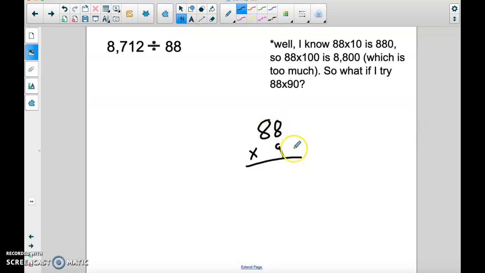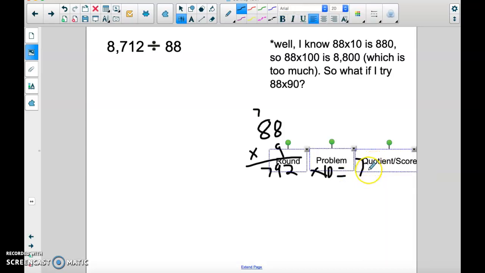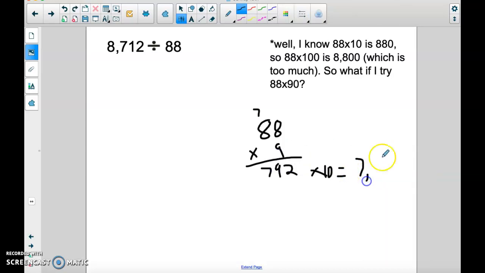So I can just do 88 times 9. 8 times 9 is 72. 8 times 9 is 72, plus 7 is 79. Times it by 10 to make it 90. 7,920. And that is a 9, not a 4.